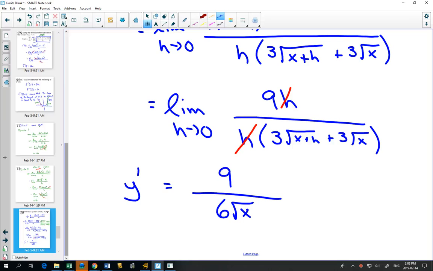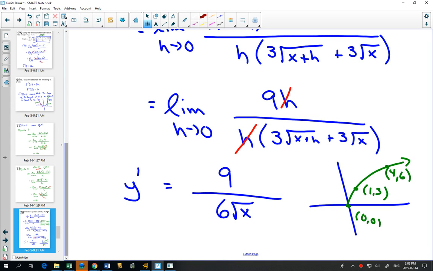Okay? Graphically, what does 3 root x look like? That's a square root graph that's been stretched by a factor of 3, so you would have 0, 0, 1, 3, 4, 6. There's our graph of 3 root x. If I was curious and I took a point on here, how nice of a point?